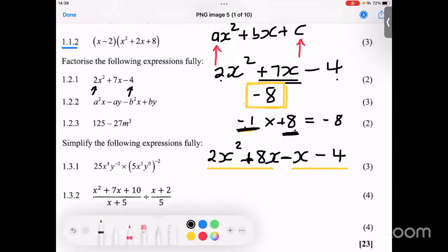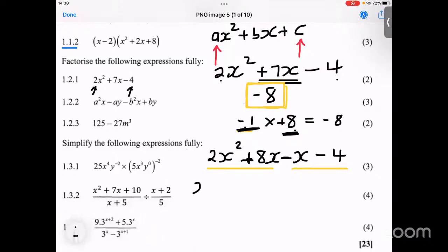So let's see. It looks like here, why not take out 2 definitely and also x? Then we will remain with x plus just 4. Because when you say the whole of this outside times that, it has to take you back to that. Whole of this times that, it has to take you back to that.